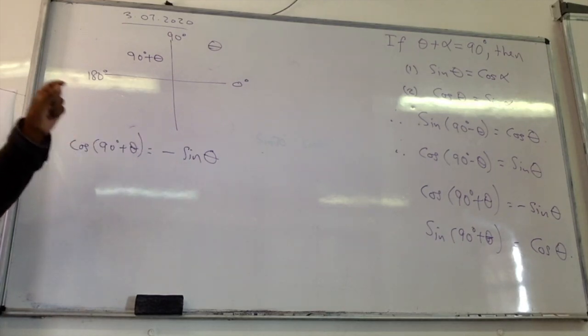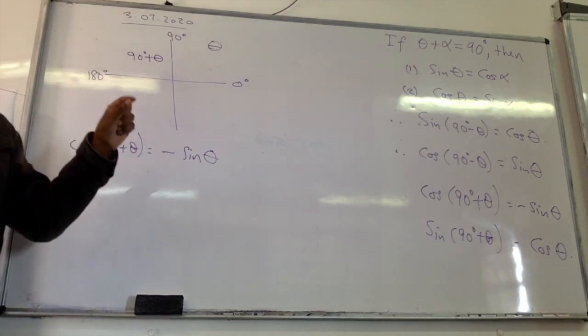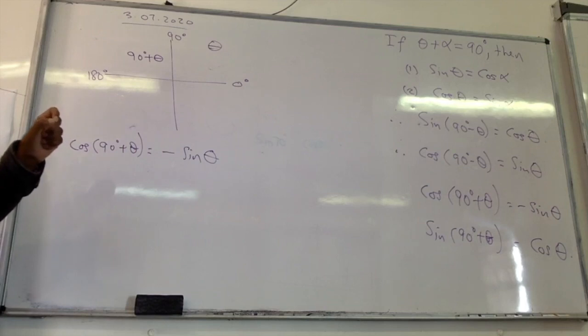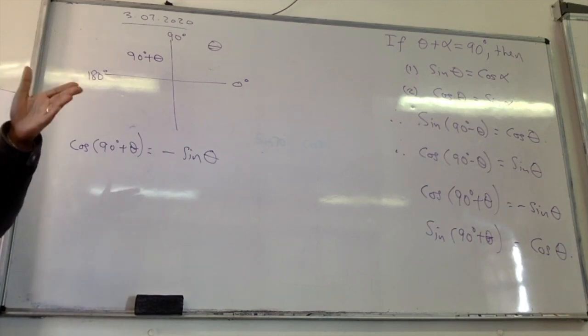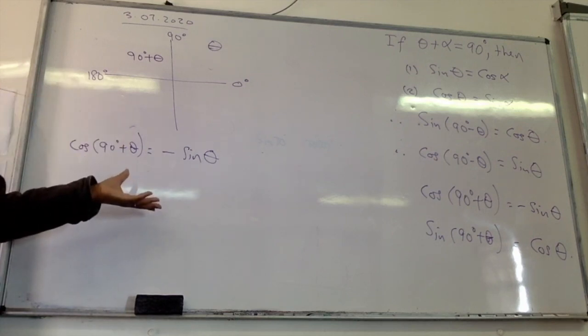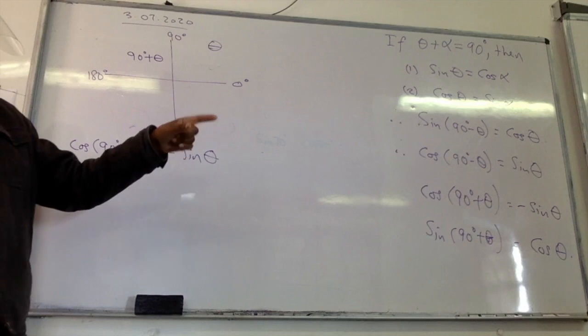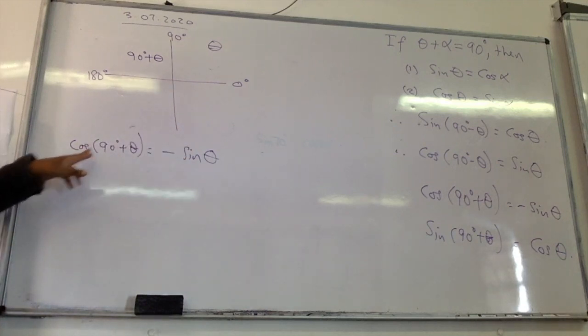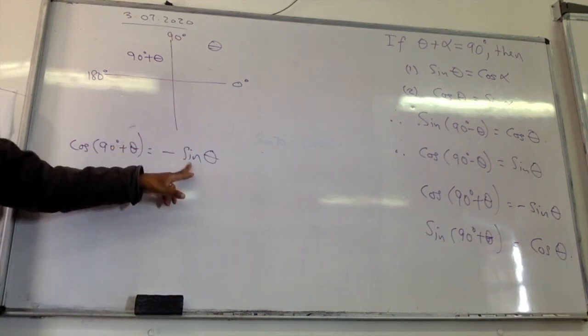So the thing is, how will I know that I can use co-functions? Like earlier on, we were using 180 minus theta, 180 plus theta, 360 minus theta. We were not thinking like this, right? So how do I know that I can change cosine to sine? How do you think you'll know?